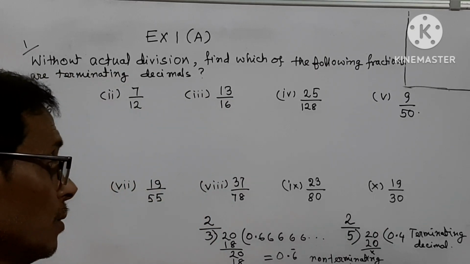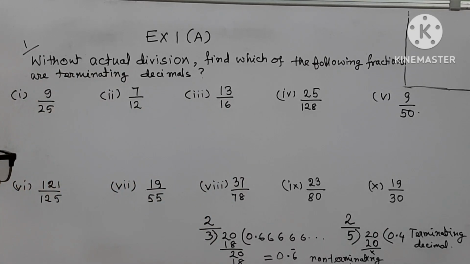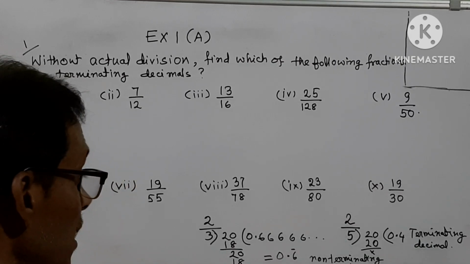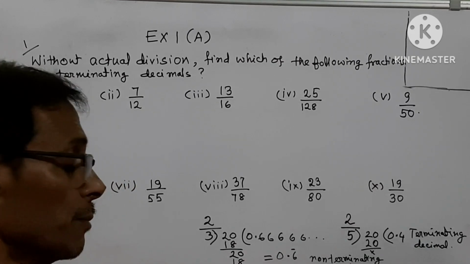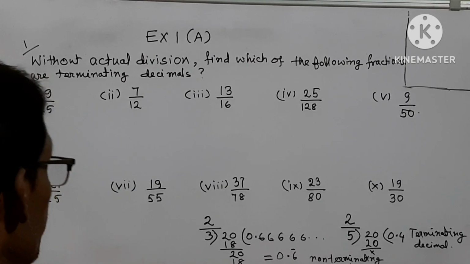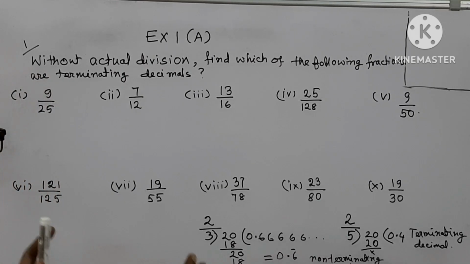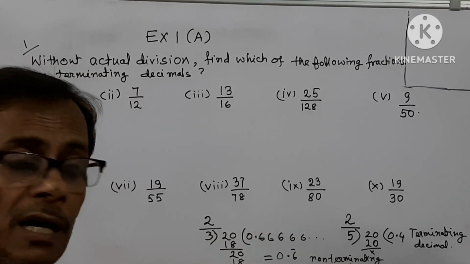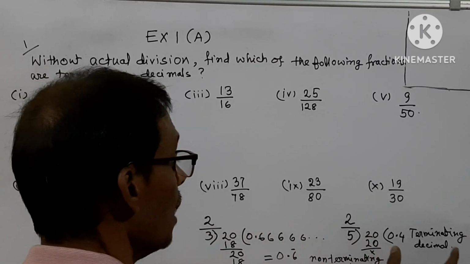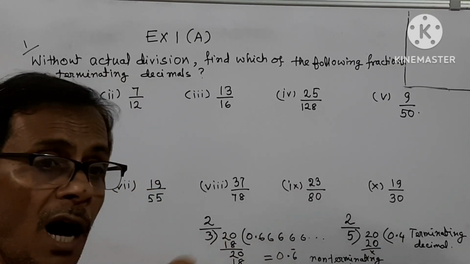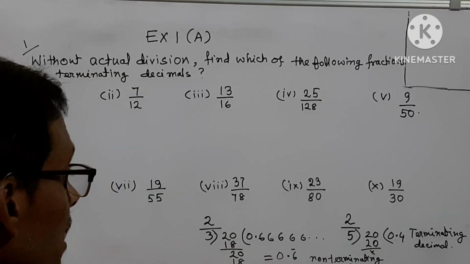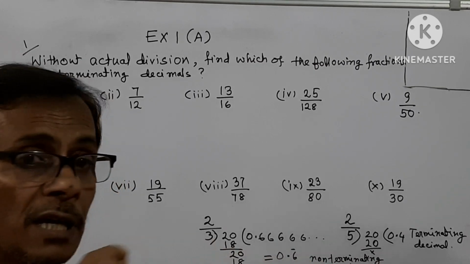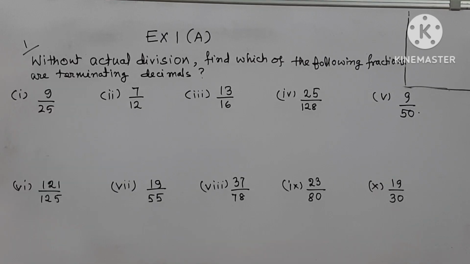So you understood, when you divide, you get either a terminating or a non-terminating repeated decimal. So we'll see all the rational numbers come in this category. Either they will be terminating decimals or they will be non-terminating repeated decimals.